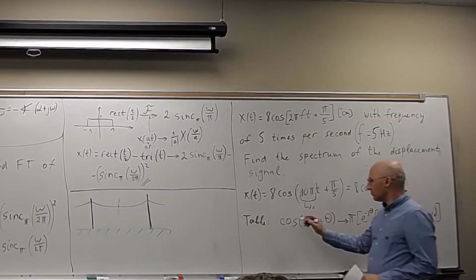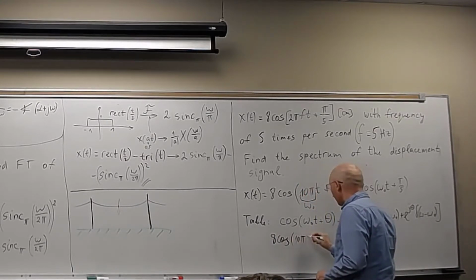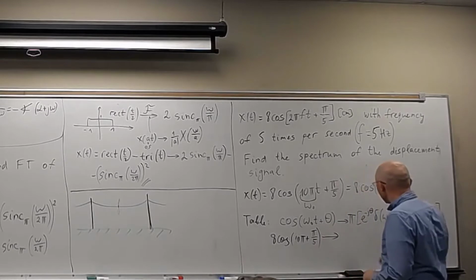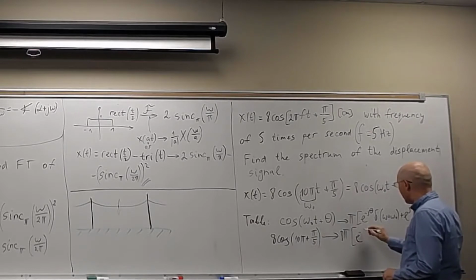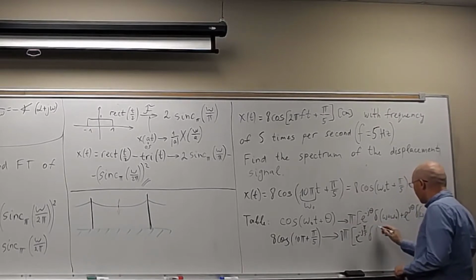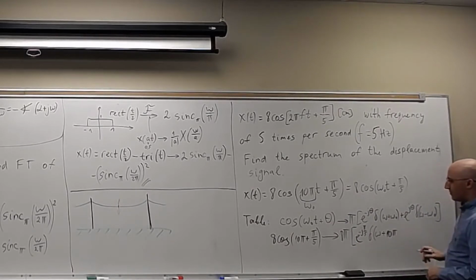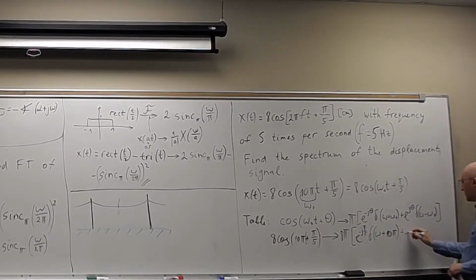So 8 cosine of 10 pi t plus pi over 5 will be transformed into 8 pi, exponent minus j pi over 5 delta omega plus omega 0, which is 10 pi here, plus exponent j pi over 5 delta omega minus 10 pi.